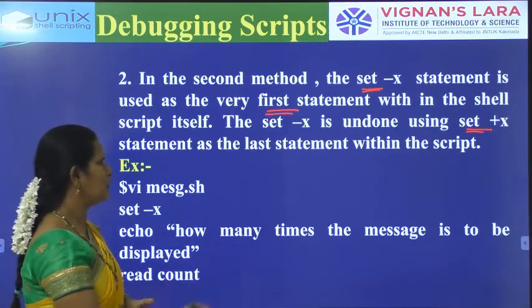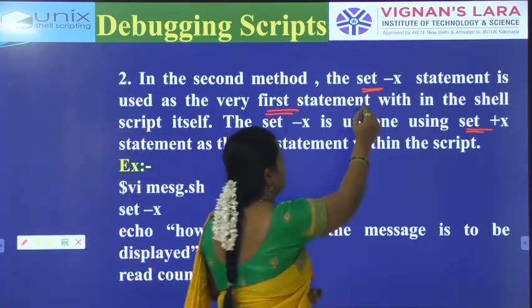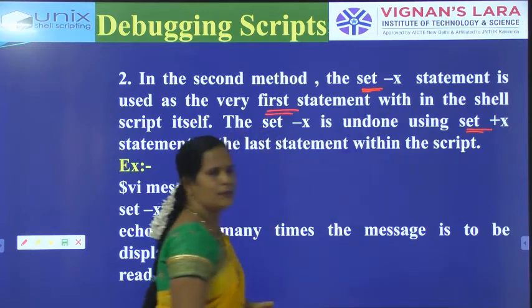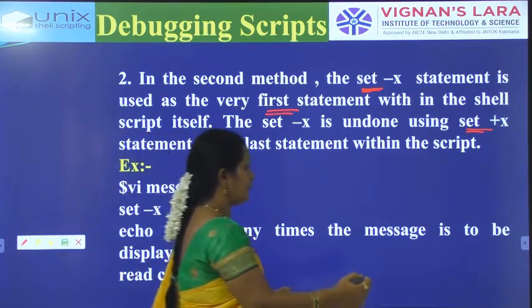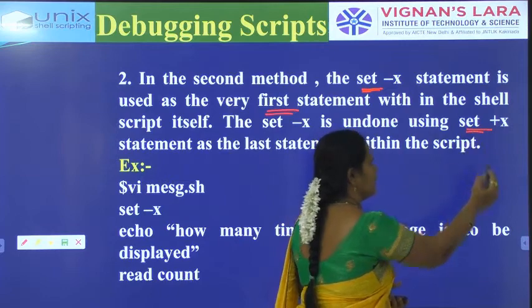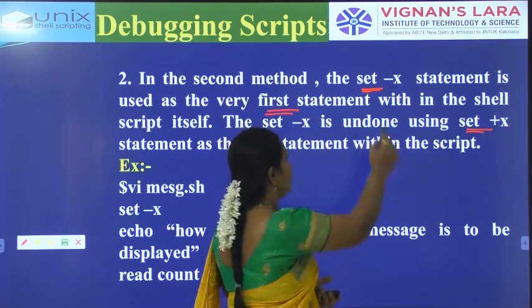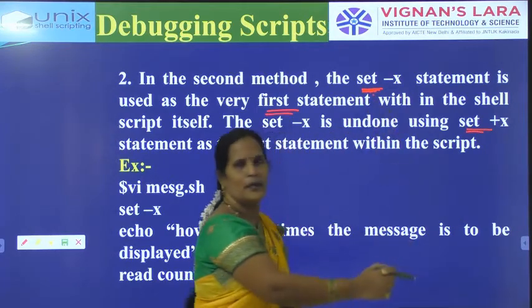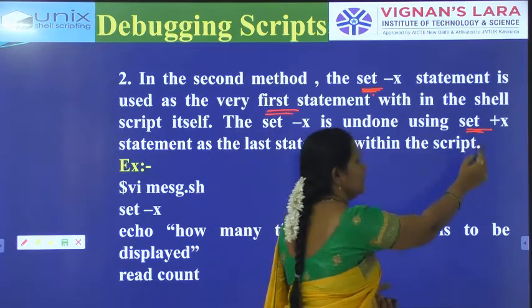Within the script only, at the beginning you have to specify set space -x, whereas at the end of the shell script you have to specify set space +x. The first should appear in the first line, whereas the second should appear in the last line.